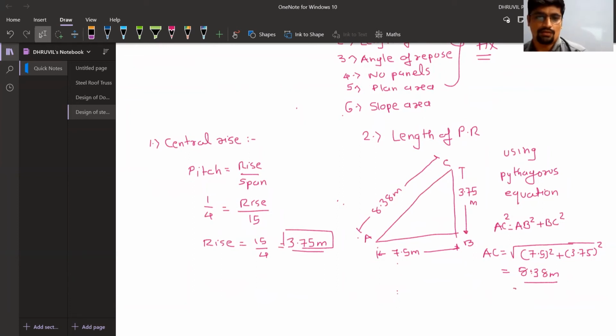Now, the third thing, which is the angle of repose, which is denoted by alpha.